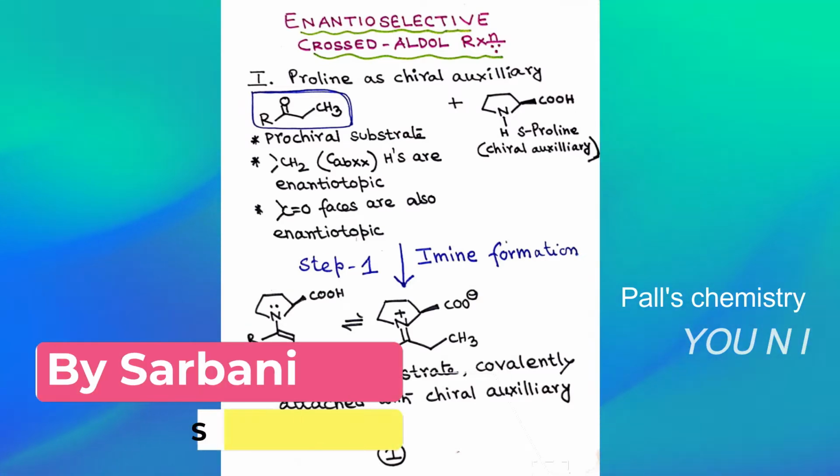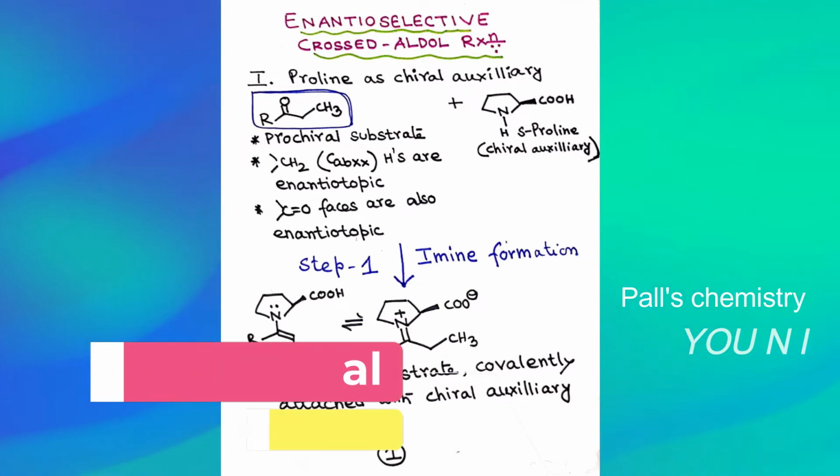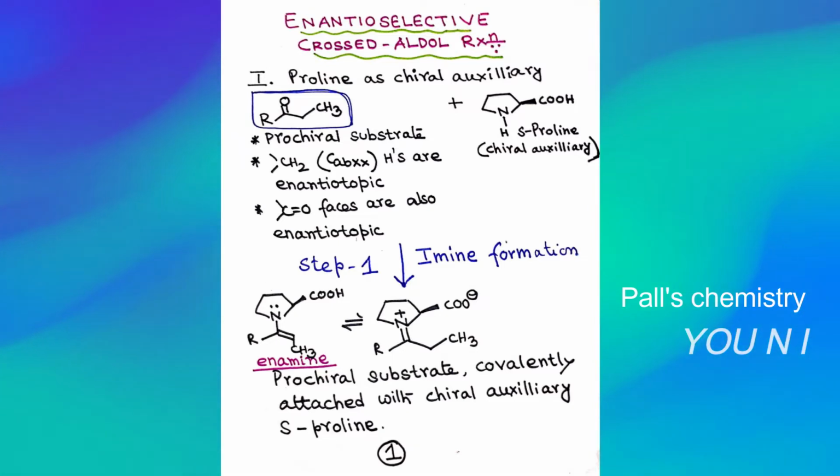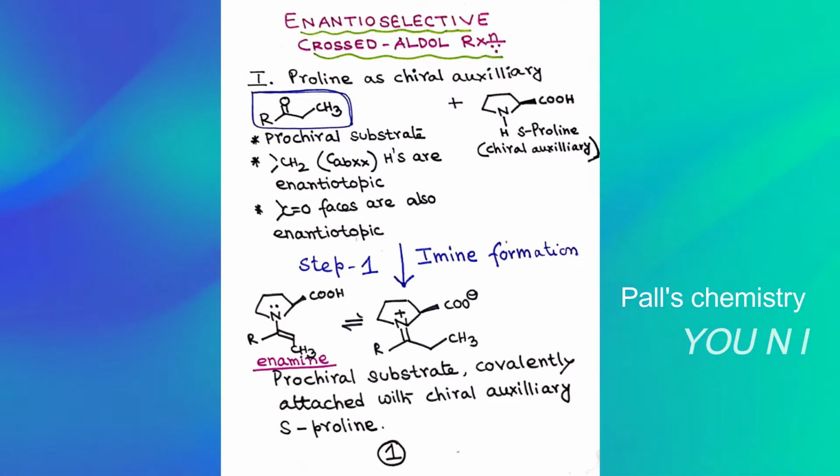Number one is by using chiral substrate, number two by chiral auxiliary, number three by chiral reagent, number four by chiral catalyst.